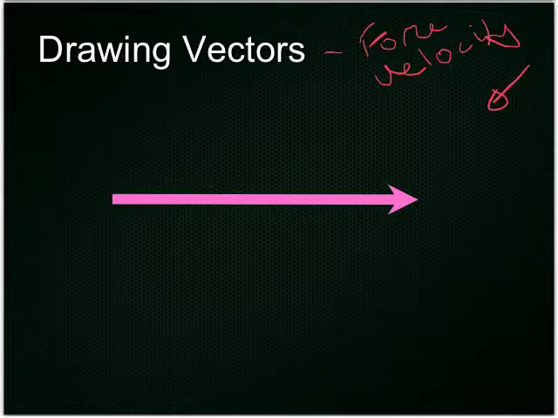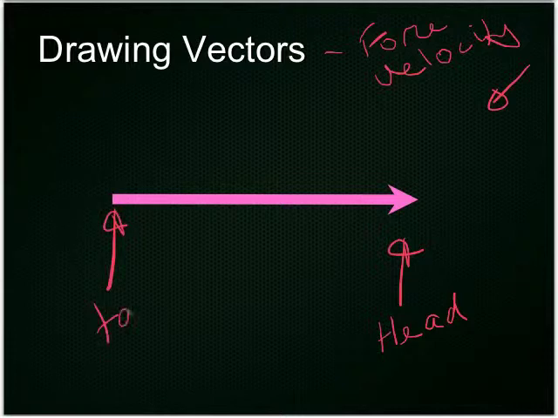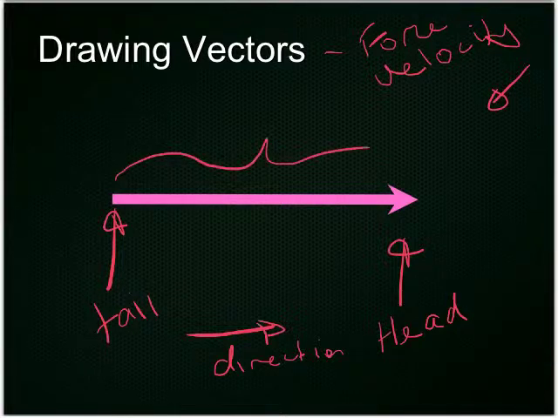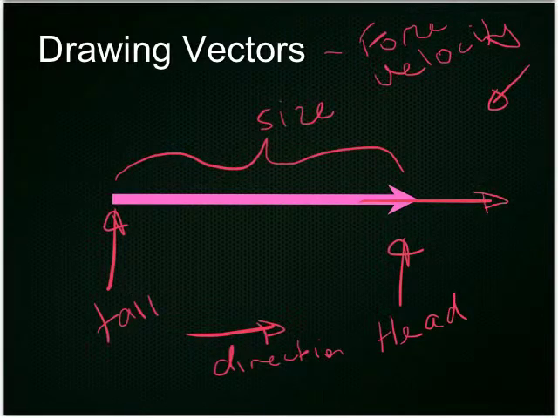In this case we've got a head of an arrow and a tail, and that shows direction. The other thing it can show is the length, which could be the size. So the greater the length of the arrow, the greater the size of the force or velocity or so on.